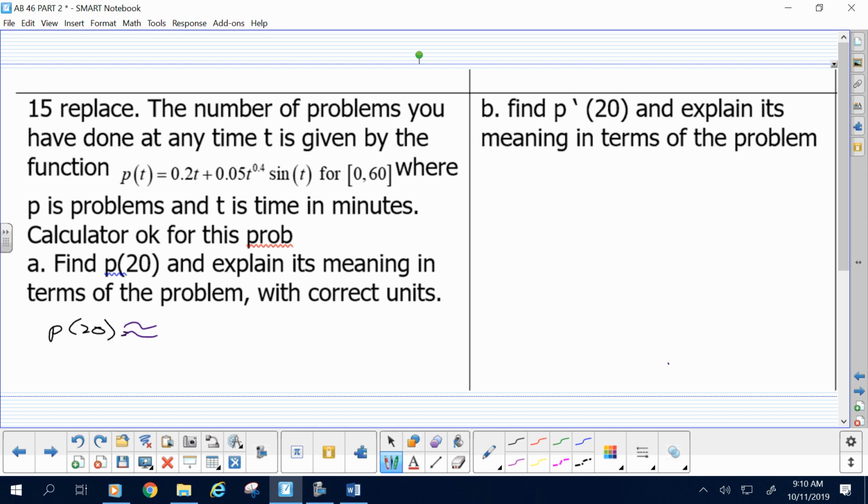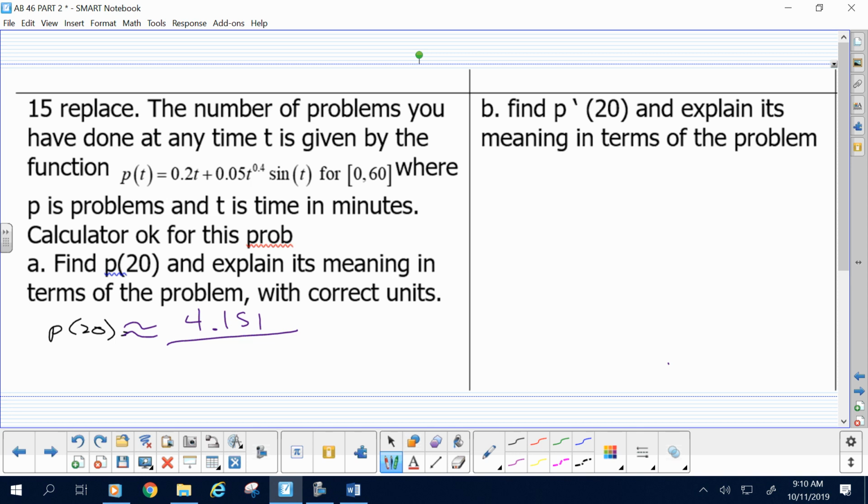Somebody give me a decimal approximation of P of 20. Does it come out clean? Surely not. Anybody? 4.18? No? 4.151. I'll take it. Okay?